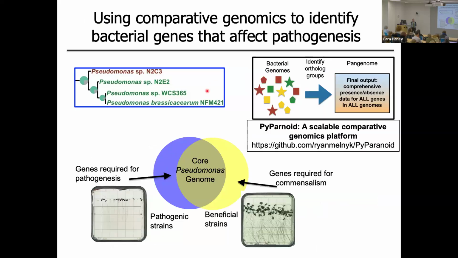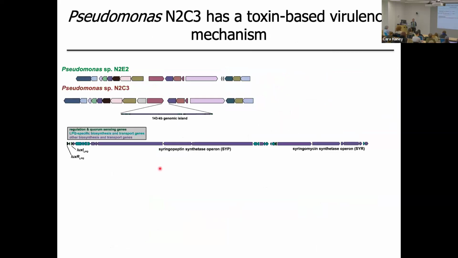Our lab does a lot of comparative genomics to look for functional differences between bacterial strains. And so we looked for genes that were unique to this pathogen, that were absent in the Pseudomonas core genome, to find the basis for this. And we found a very conspicuous 142 kb genomic island that encodes toxins called syringomycin and syringopeptin.